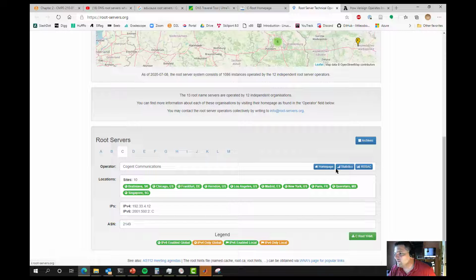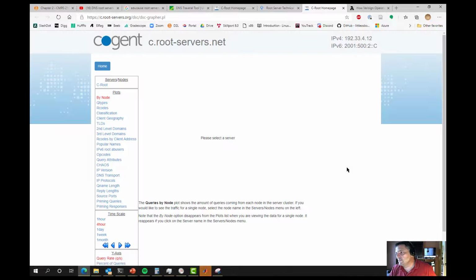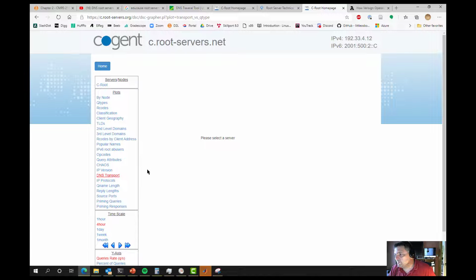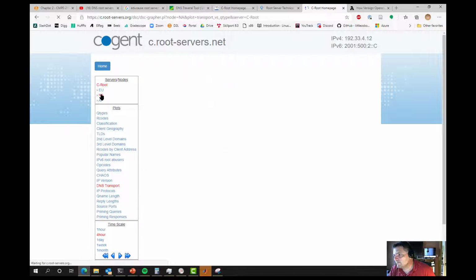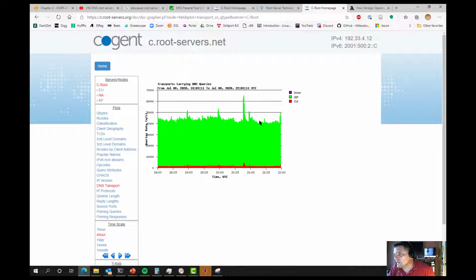We can kind of poke around. Let's take a look at the C group and just see what their statistics look like for comparison's sake. Oh boy, let's take a look. So here in North America, it looks like they are doing 50,000 queries per second.